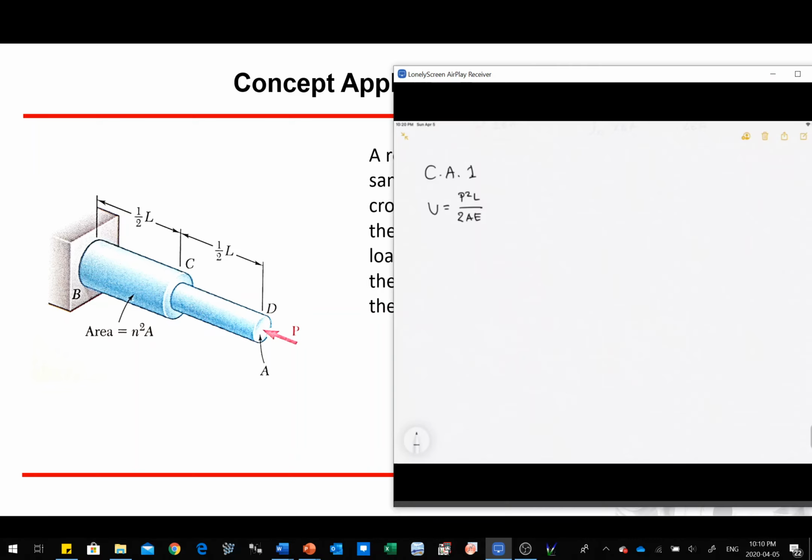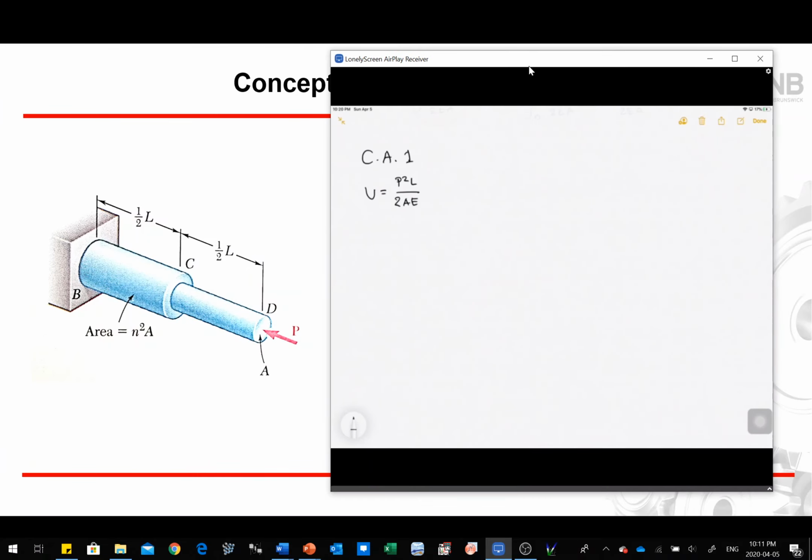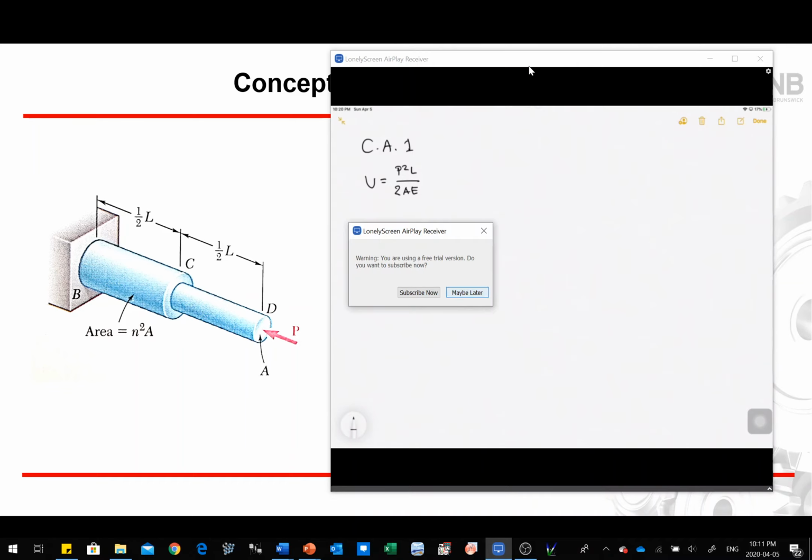If we divide our section into two, the first one has area A and length 1/2 L. Again, we are taking the area and length because if we check our equation here, we need area and length. That's the first section.